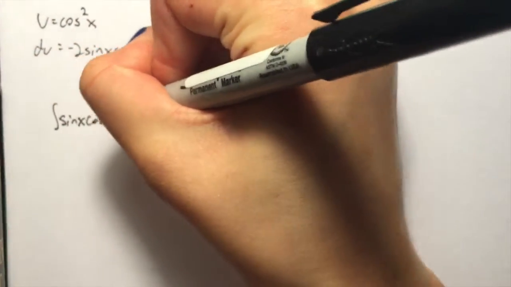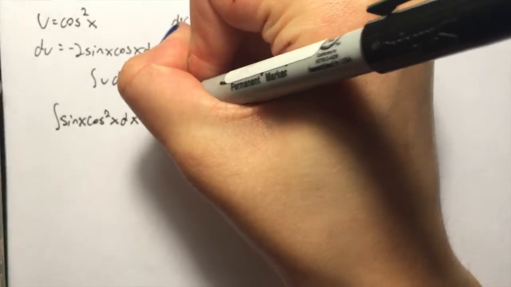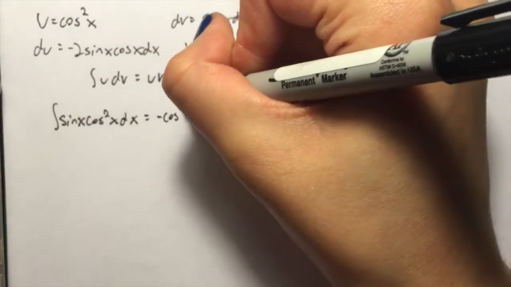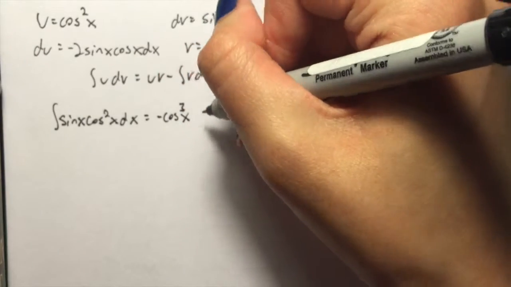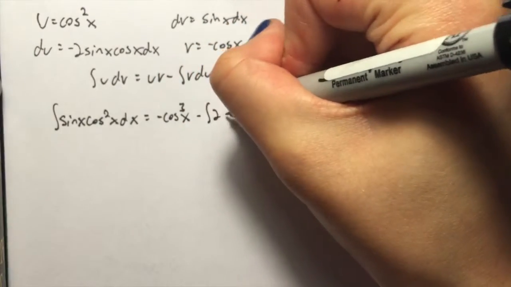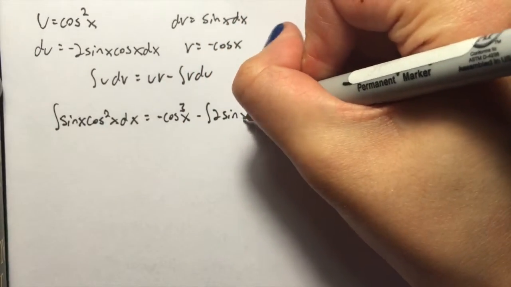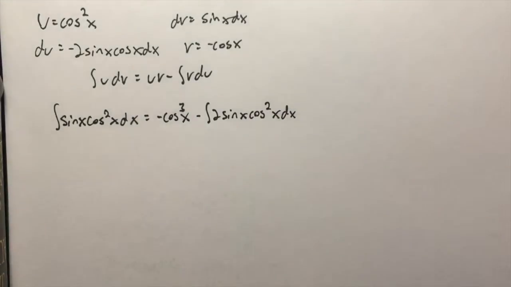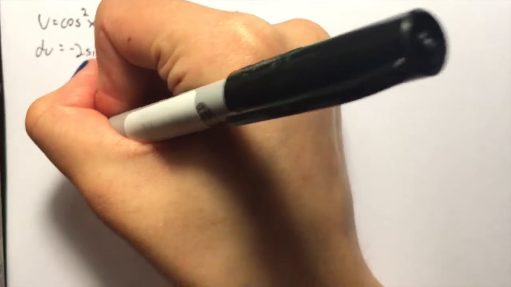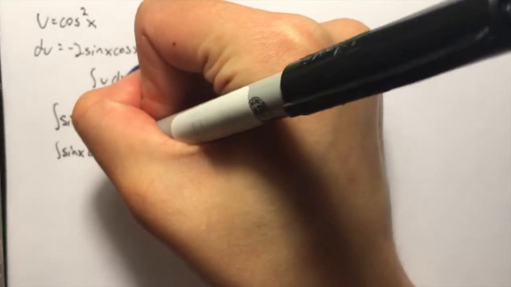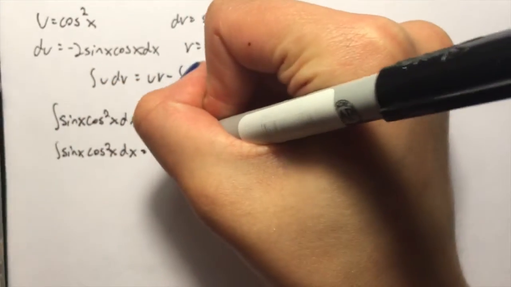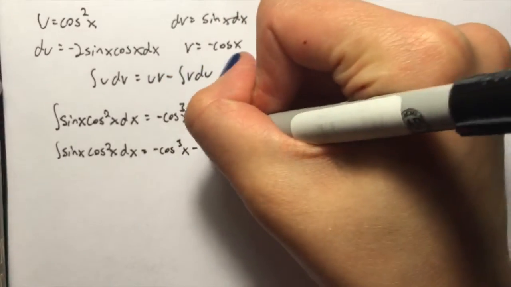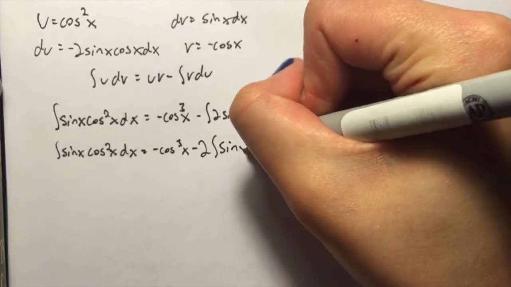This gives us the equation of our integral equaling negative cosine cubed x minus the integral of 2 sine x cosine squared x dx. This can also be written so that the 2 is outside of the integral sign, meaning that the two integrals on either side of the equation are equal.